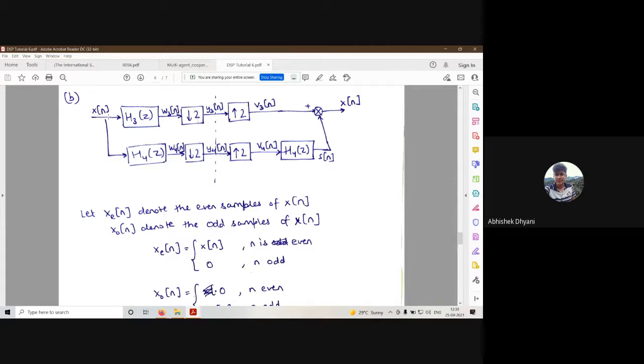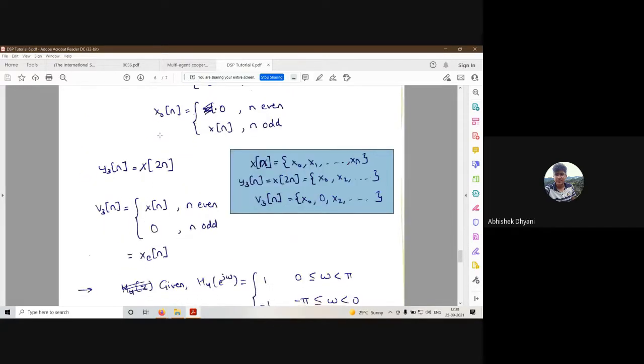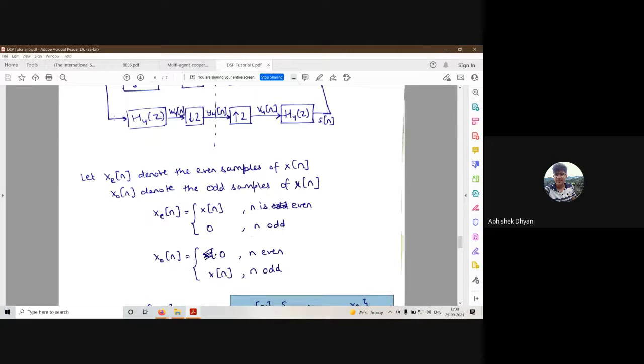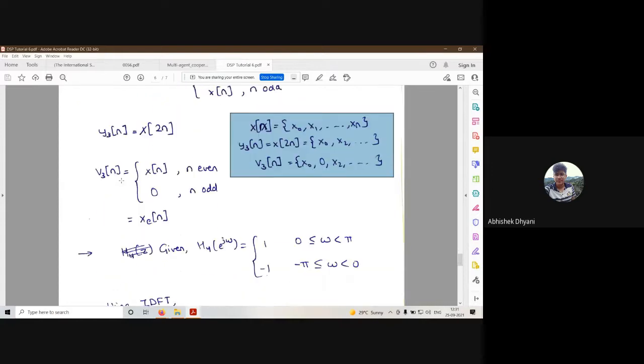Now what remains to show is that if s of n is the odd components of x of n, then by summing up the odd and even components of x of n, we will get x of n completely back. If we look down here, you can see that h4 of z was given to us as this.